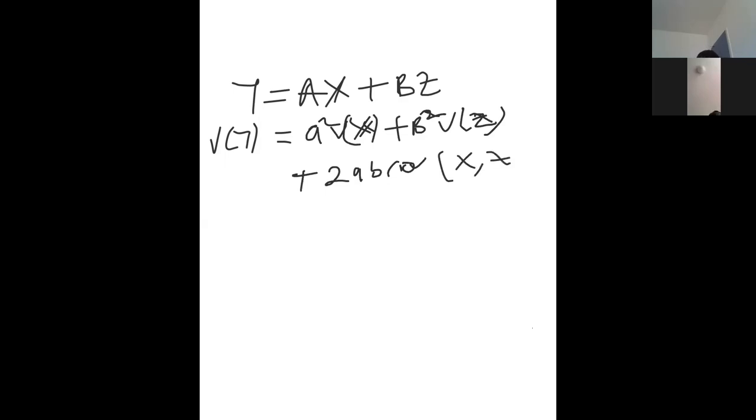So this is the formula. But how you are going to write this formula always depends on what is given. And in the question, she gave correlation, right? Now, if you have correlation and you are not given a covariance, then you have to get your covariance from the correlation formula.